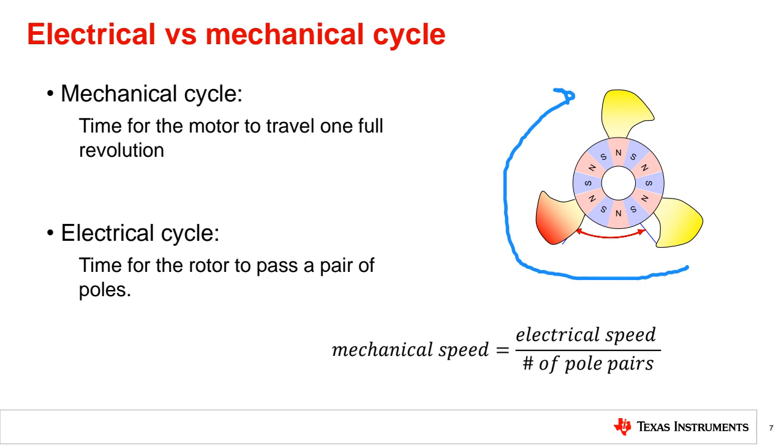Okay, generally people refer to the speed of the motor in the mechanical cycle. Don't forget, this is mechanical. If they use rpm, revolutions per minute, this is the mechanical cycle. And the electrical cycle is the time for a rotor to rotate through one set of pole pairs. Okay.